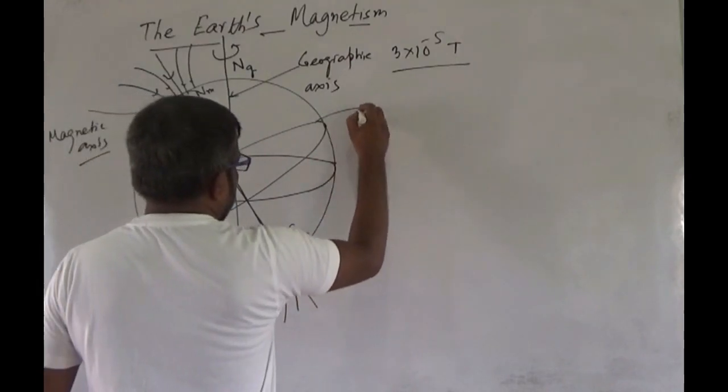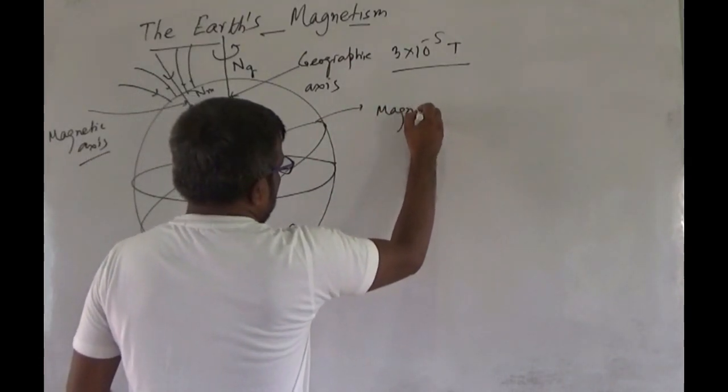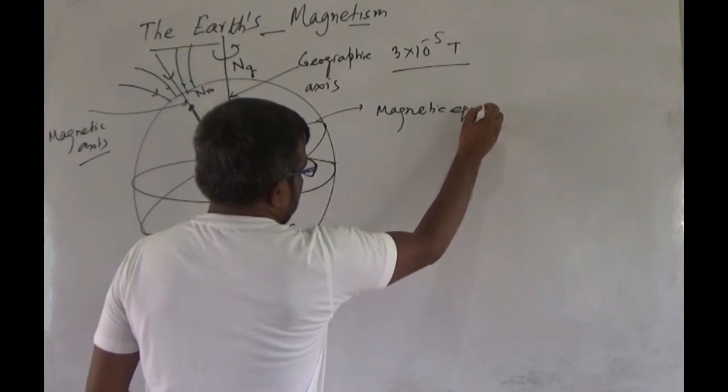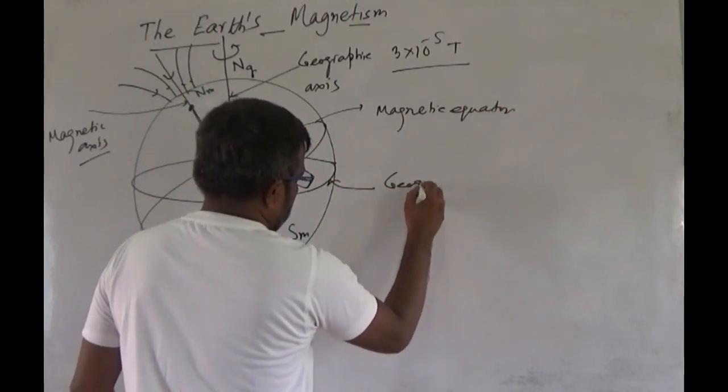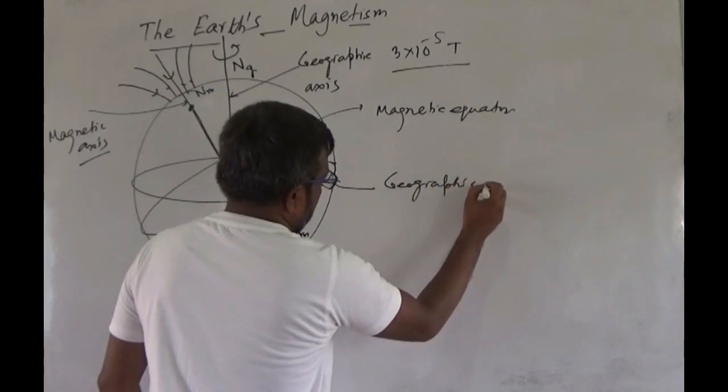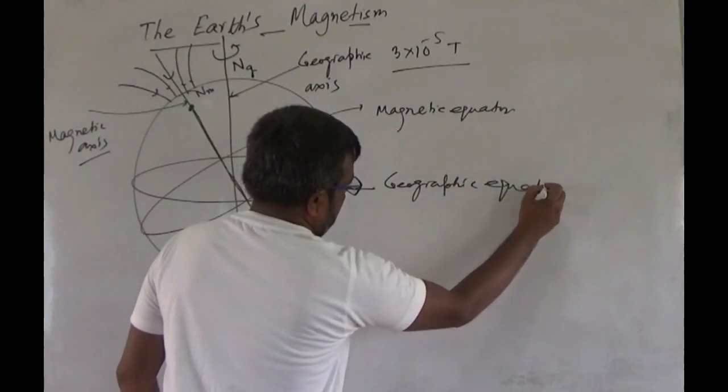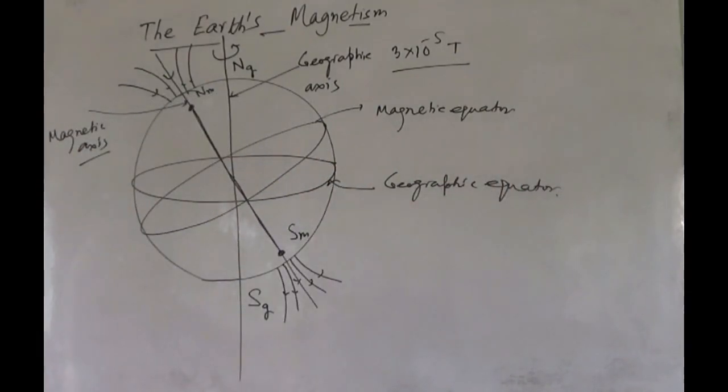Since the geographic axis does not coincide with the magnetic axis, therefore the magnetic equator also does not coincide with the geographic equator.